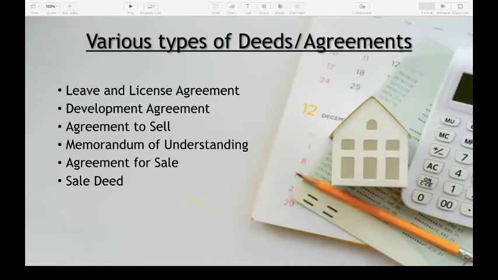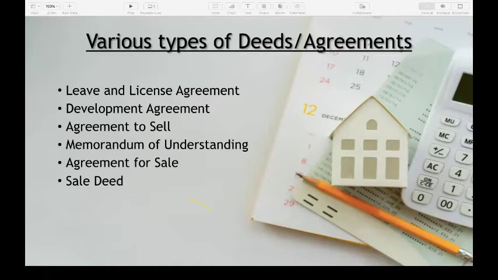Moving ahead, the development agreement. A development agreement is a voluntary contract between a local jurisdiction and a person who owns or controls property within the jurisdiction, detailing the obligations of both parties and specifying the standard terms and conditions that will govern the development of the property.